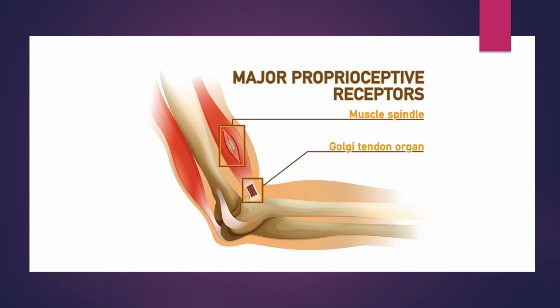So the muscle spindle senses information. It senses that there's too much tension in the muscle, and it will cause a relaxation in that muscle, versus the Golgi tendon organ that senses information and causes a reflex.